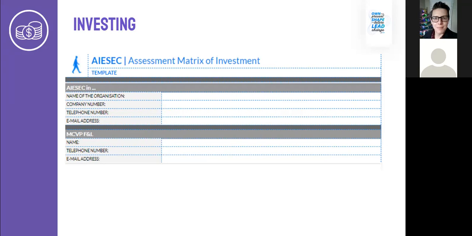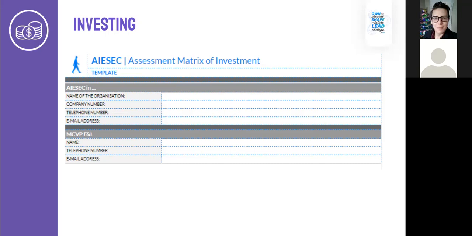So I'm bringing to you an assessment matrix of investment, which you can use every time that you are going to spend money. You can use this procedure, these steps, in order to know exactly if that investment will be a good investment or you should avoid investing.